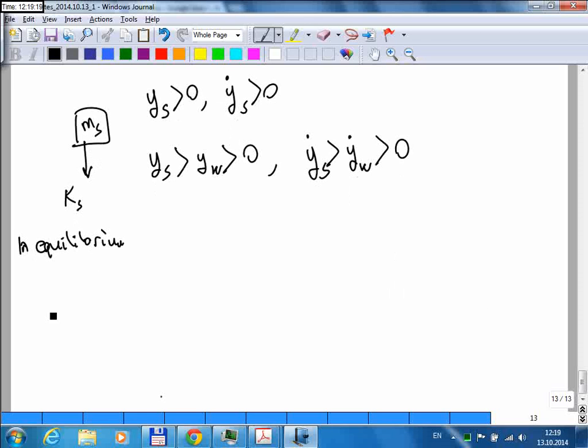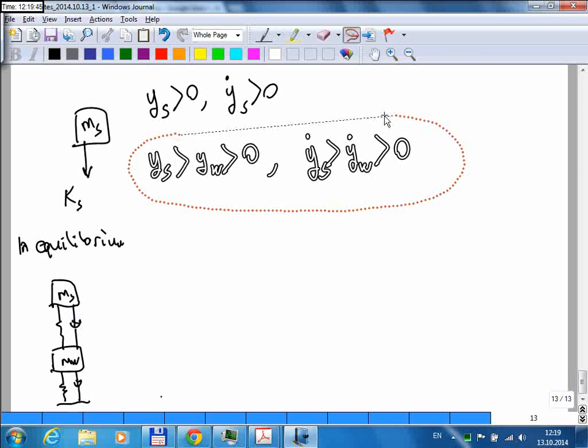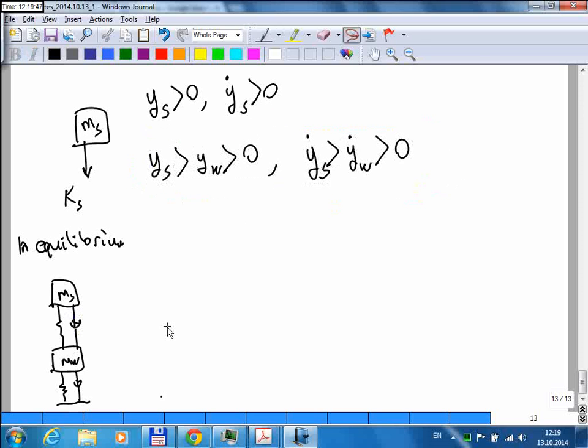Okay, so here's the situation. In equilibrium, we have the following situation. So we have one mass here, another mass here for the wheel, and then these have certain deflections. So what I'm saying is I'm writing the forces in an instant where these are true. So what does this tell us?